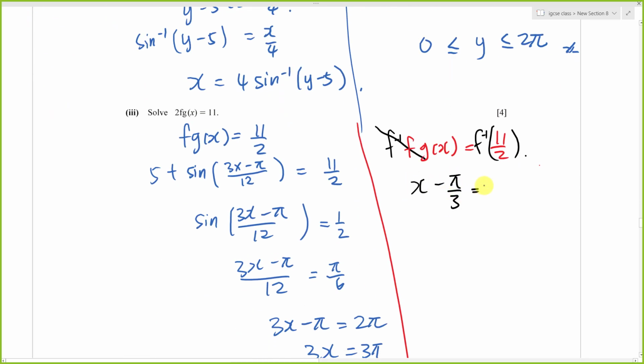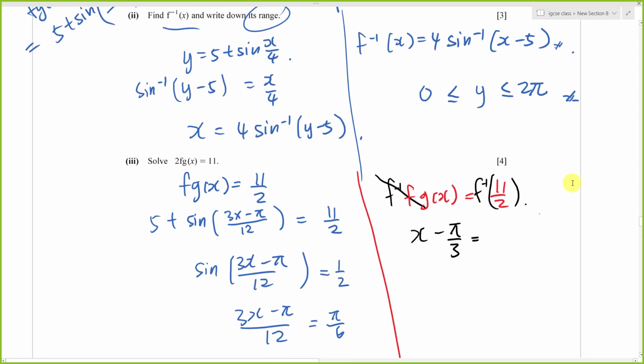And because we have f inverse at part 2 here, I think we might be able to use this one. So this one is 11 over 2 minus 5. So then I will solve this thing here. So this is 1 over 2.